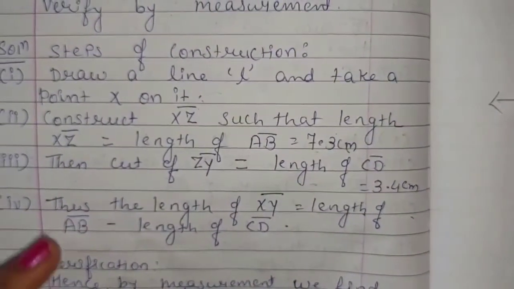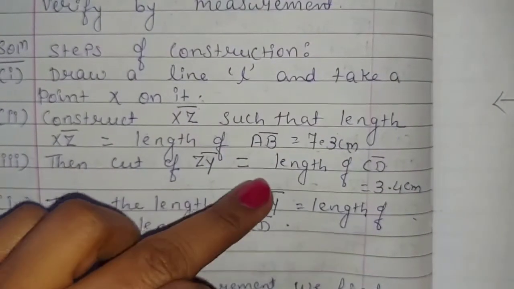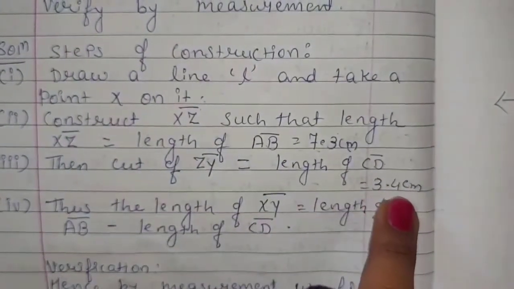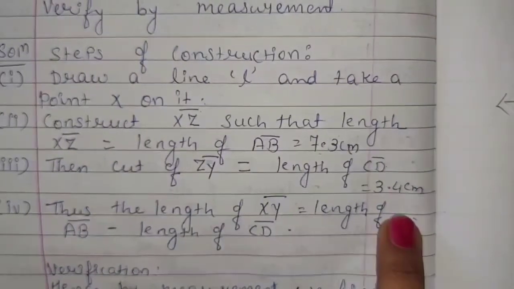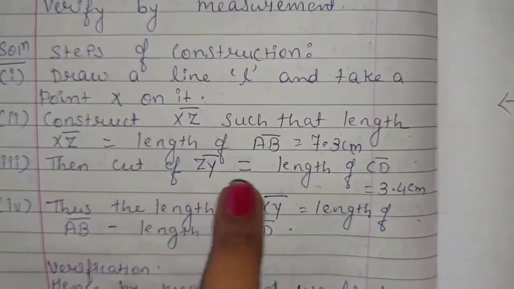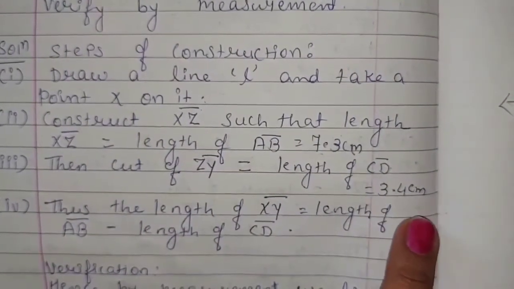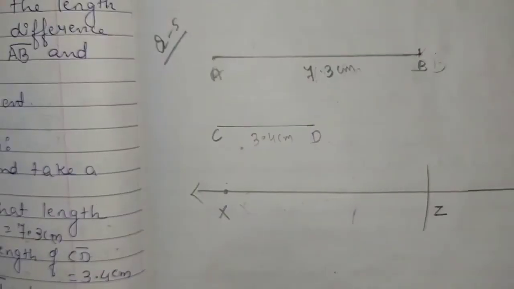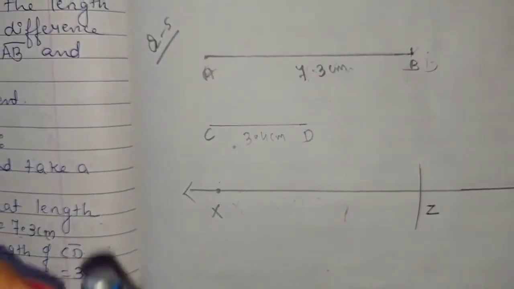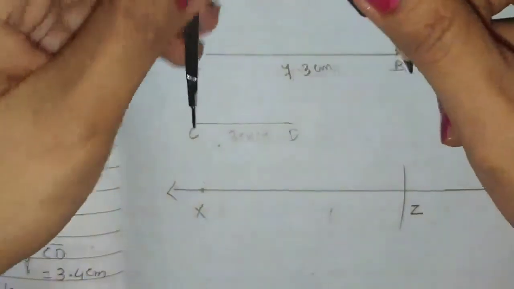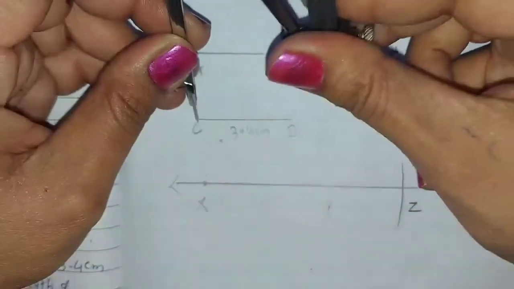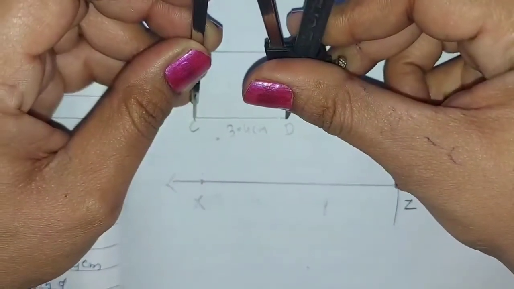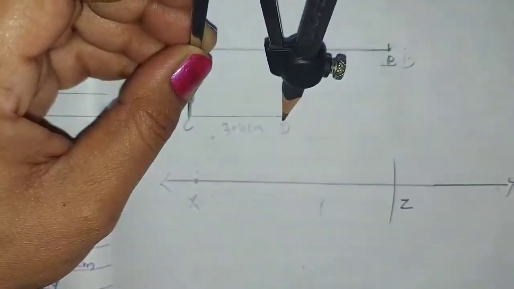Step 3. Then cut off ZY equal to the length of CD, equal to 3.4 cm. Now here we have to cut the line ZY, that is equal to which length? 3.4 cm. So students, here 3.4 cm, that is which line segment? CD. So we will open our compass till 3.4 cm.